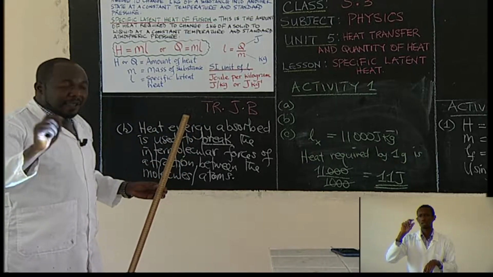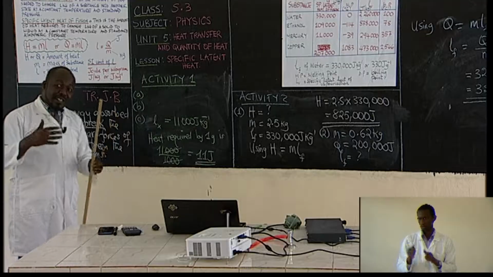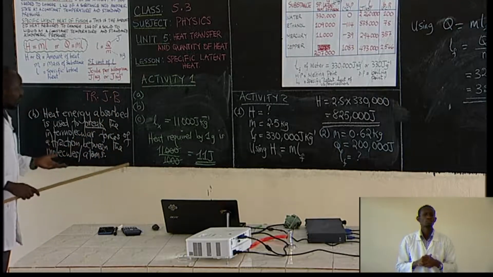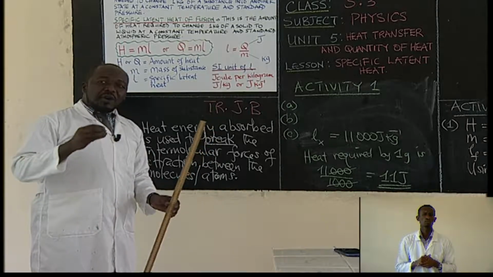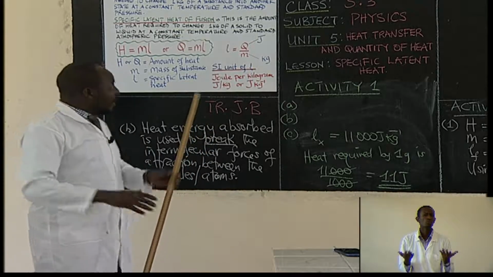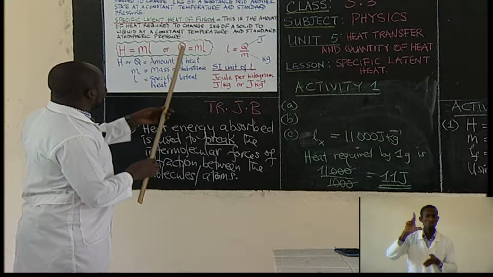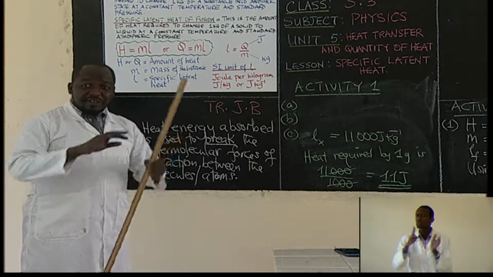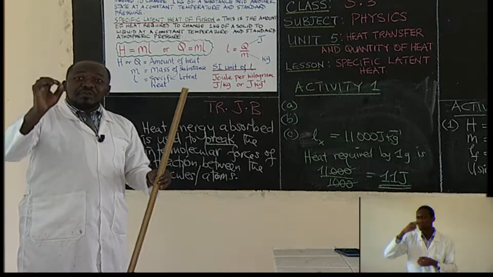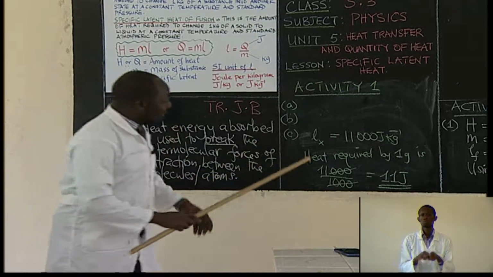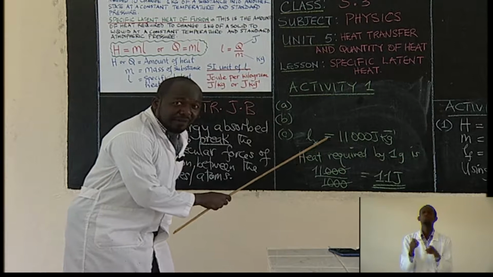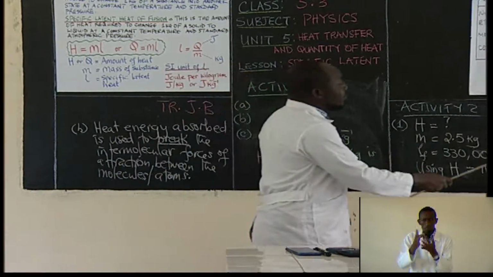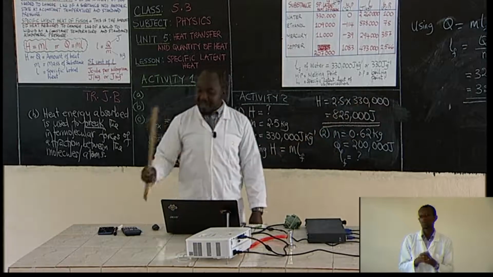Remember that? Another objective was, how do we use the formula Q is equal to ml and H is equal to ml, of course the same formula, to solve numerical problems. And that is what we have been doing here. You remember? Where we have been calculating amount of heat and also specific latent heat values.